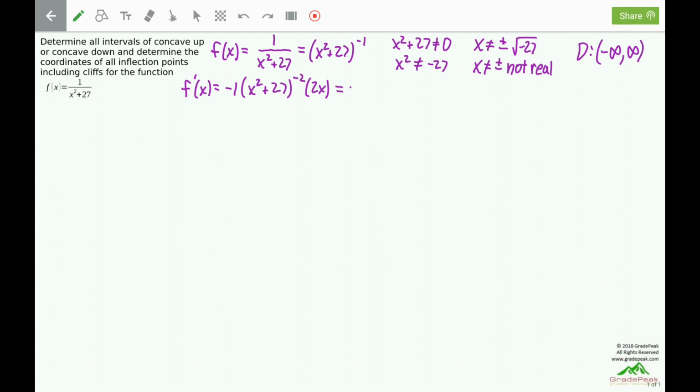Negative 1 times 2 is negative 2, and then x, and then x squared plus 27 to the negative 2. One option is to move that x squared plus 27 to the negative 2 down to the denominator, make it positive 2, and then use the quotient rule. Another option is leave it as is and take the product rule directly from here. Let's just take the product rule.